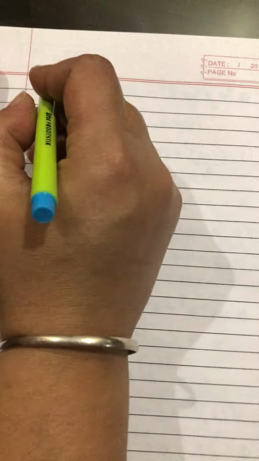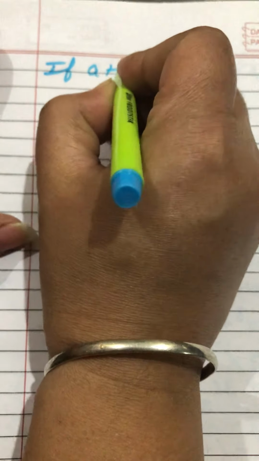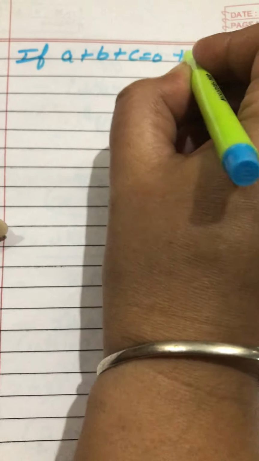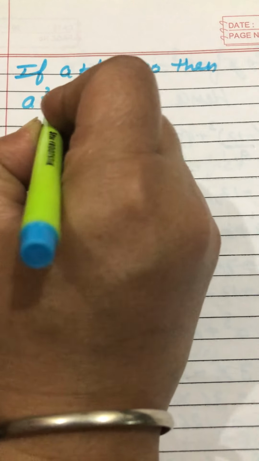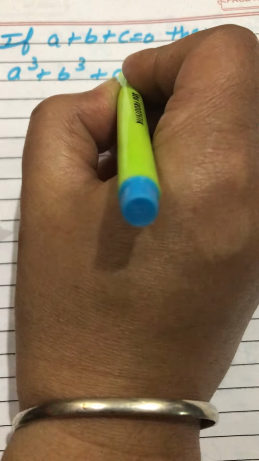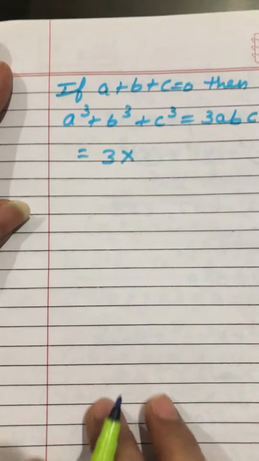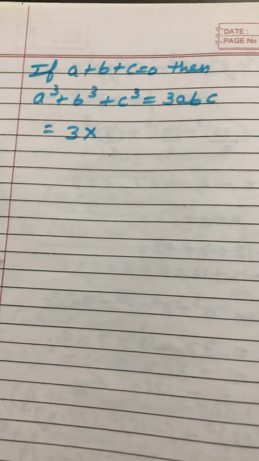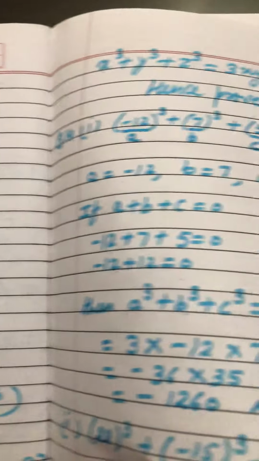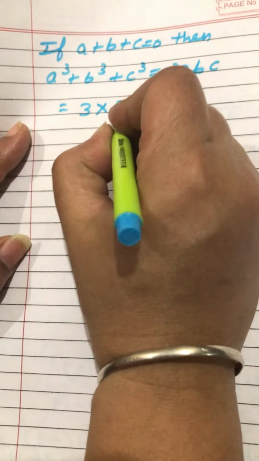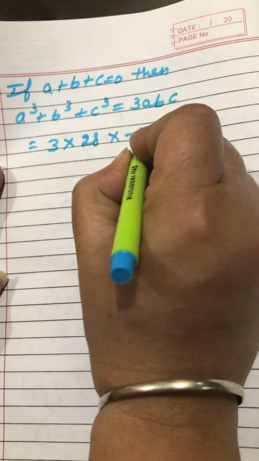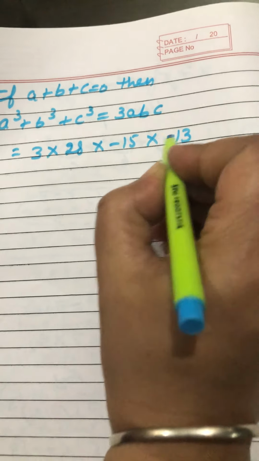Again, if A plus B plus C is 0, then A cube plus B cube plus C cube is always equal to 3ABC. It means 3 into, A is 28, B is minus 15 and C is minus 13.